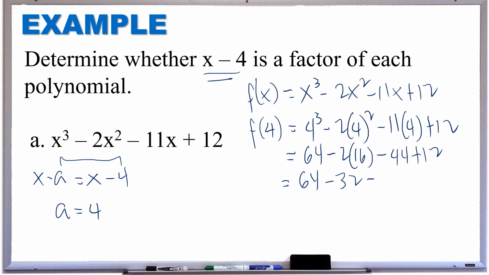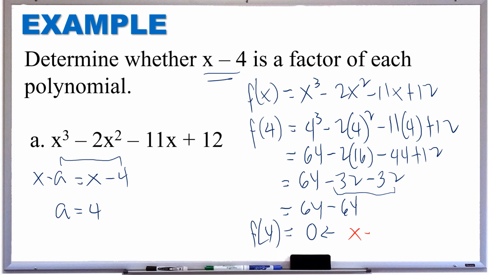Negative 44 plus 12 is negative 32, and 64 minus 32 minus 32 equals 0. Therefore, f of 4 is 0. Since f of a, or f of 4, is equal to 0, then using the factor theorem, we can say that x minus 4 is a factor of f of x.